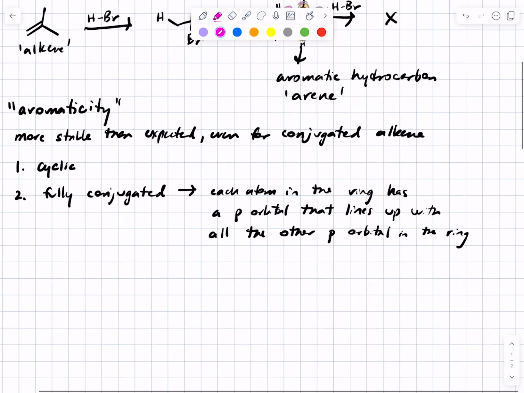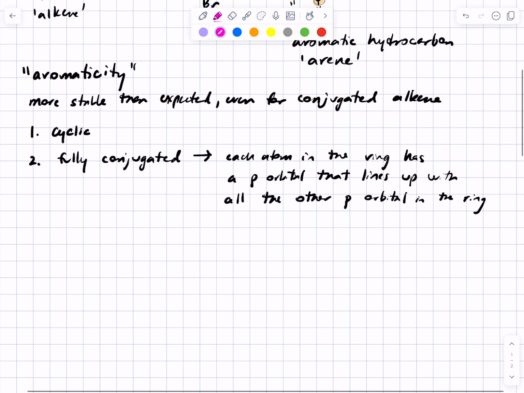Another feature or perhaps consequence or property of rings that are fully conjugated is that they are planar. We'll come back to this a few times, but we'll see that being planar is a requirement and or consequence for being fully conjugated.